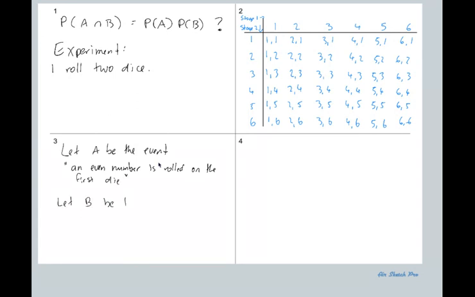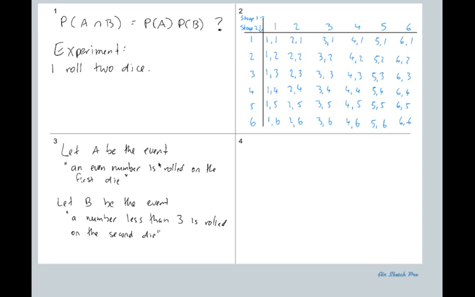Let B be the event: a number less than 3 is rolled on the second die. I don't know if you've noticed what I've done there, but effectively I've deliberately and explicitly made A all about the first stage and B all about the second stage. That's on purpose.